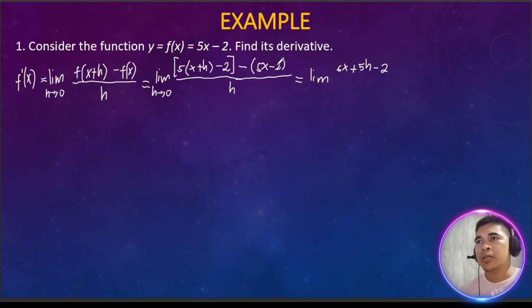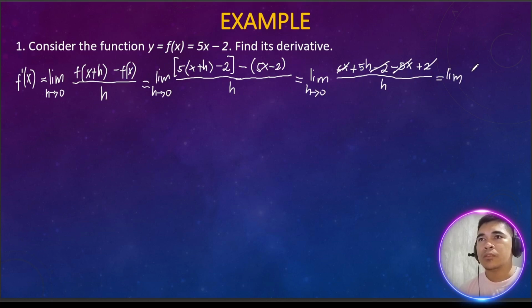Here, we have minus 5x, and then we have positive 2, all over h as h approaches 0. 5x minus 5x, pwede na ito i-cancel. And kani negative 2 sa og 2. So, unsay remaining? Limit of 5h na lang over h as h approaches 0.